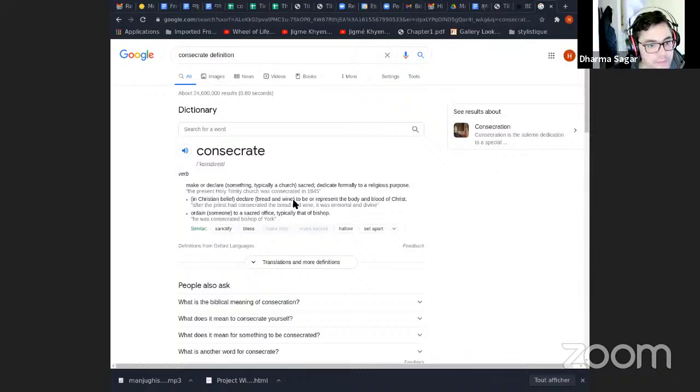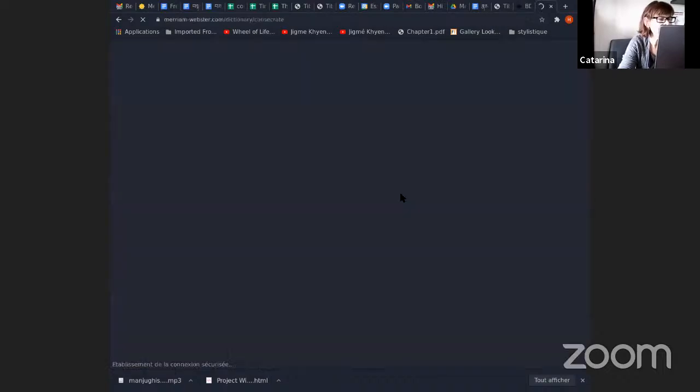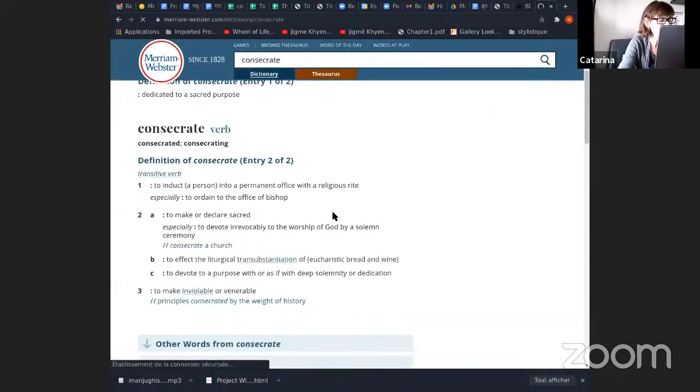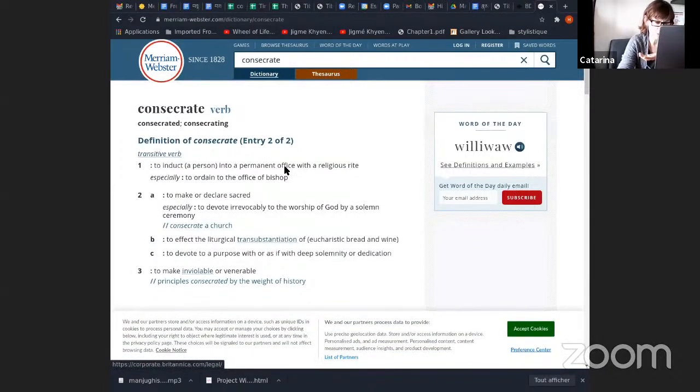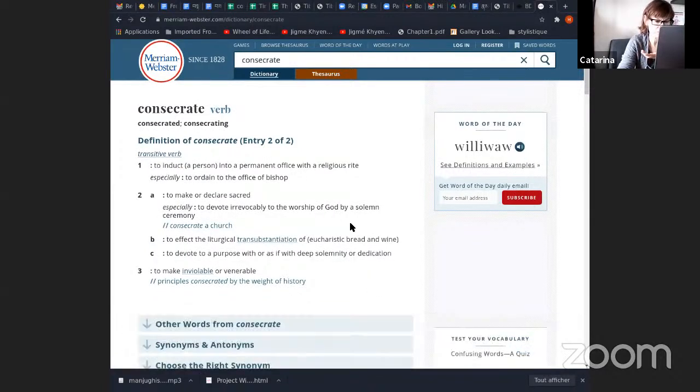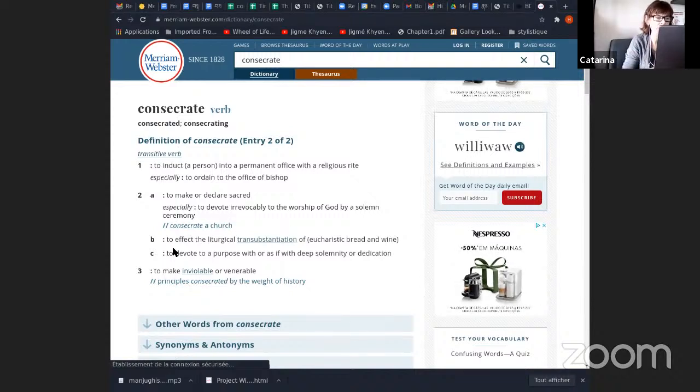Make, declare sacred. Consecrated has very much the sacred part. But my idea was, instead of homage, something like, because he's just asking for the blessings. In a sense, he's asking for the blessings for the purpose of the translation, right?